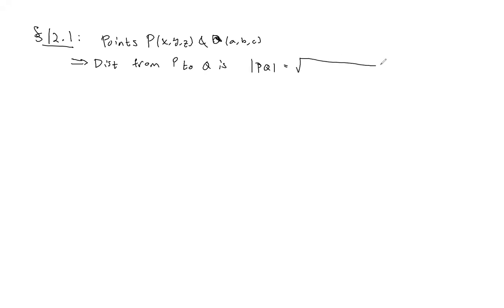And that's just the square root of X minus A squared plus Y minus B squared plus Z minus C squared. And that's the distance. And by the way, if you stare at that for a second, you might say, well, wait a minute, that looks an awful lot like something else that we looked at. So this is one thing that we talked about in section 12.1.